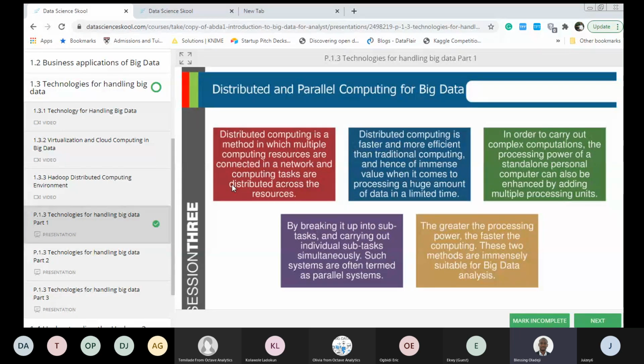So you have a job, that job is broken down into subtasks, and each subtask is distributed to each of the computing resources that is available, and that way the job is done. That is distributed computing. Parallel computing will be the train solution.